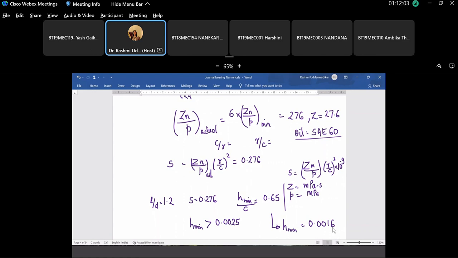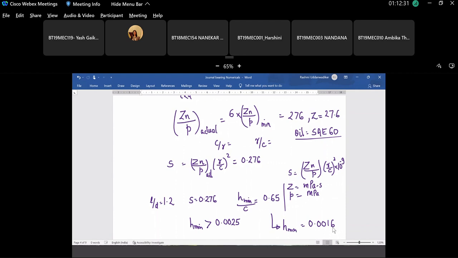We have to increase H minimum by C, for which what can be done? If you want a higher value of H minimum by C, what you need to change from the graph? L by D, yes.